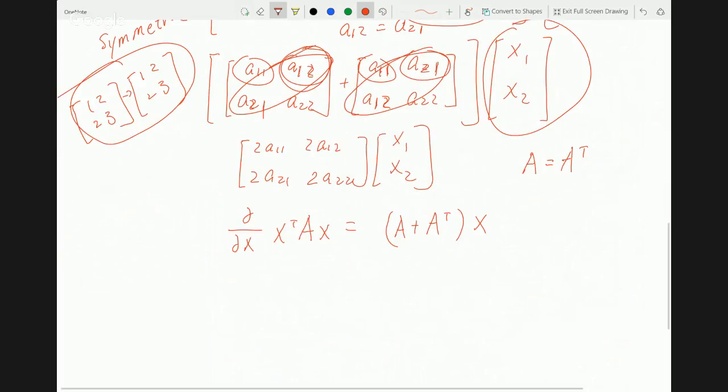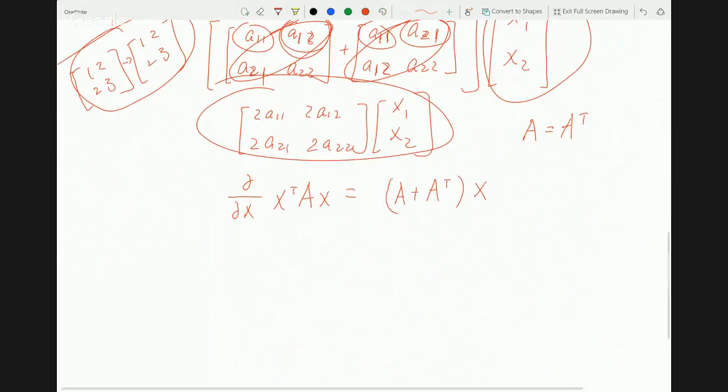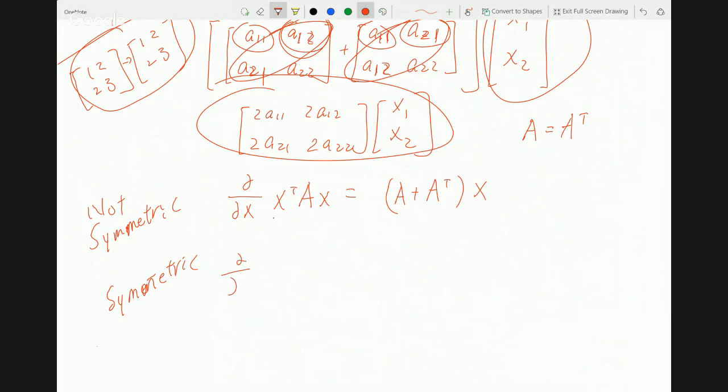Now, this is an even easier form, right? So this is not symmetric. But if it's symmetric, this right here is equal to 2Ax.